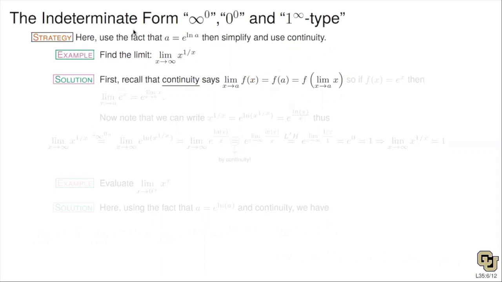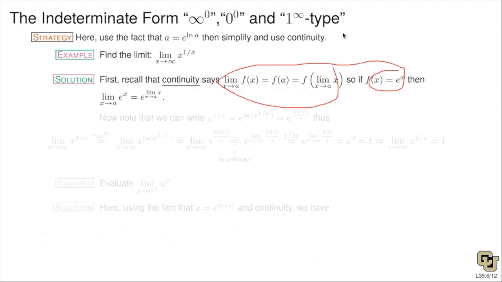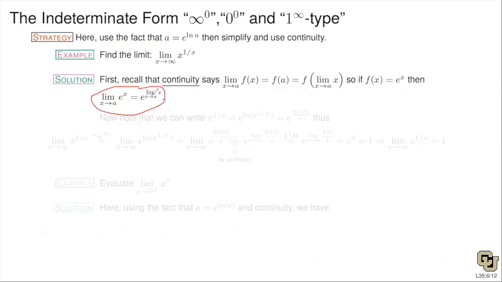So in particular, if the function we're dealing with is e to the x, and we apply this continuity property, then that looks like this: the limit as x approaches a of e to the x equals e to the limit of x as x approaches a. So look, the limit went up. Okay, so that's what I mean by continuity.